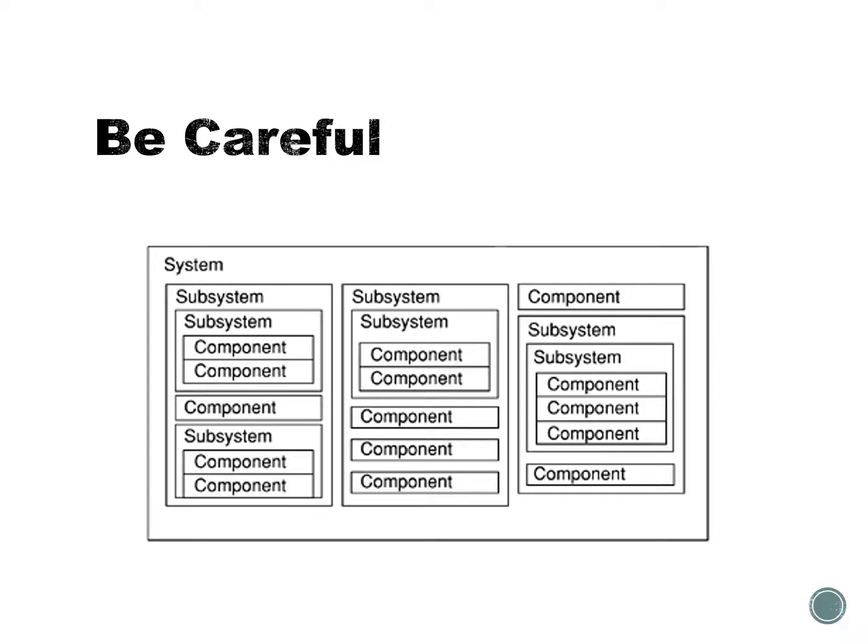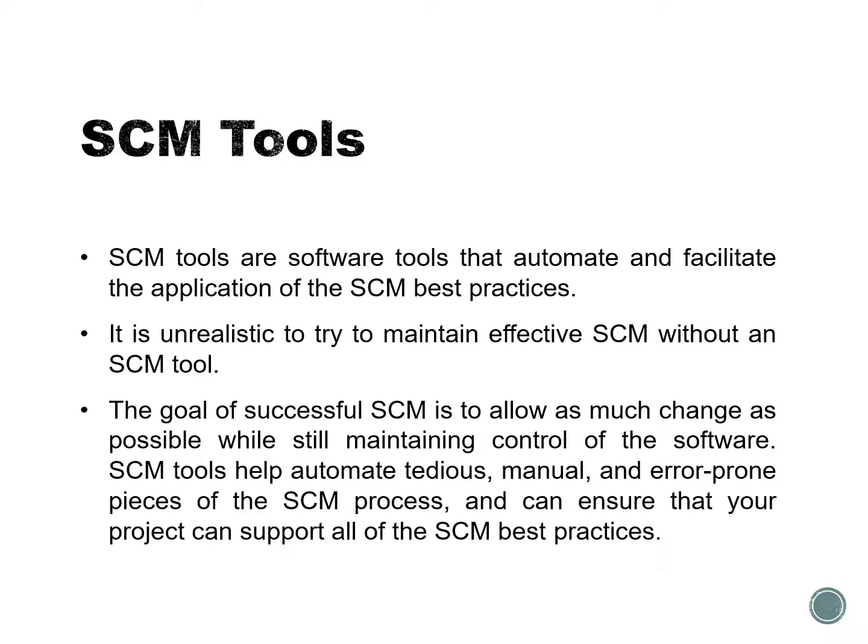So of course we also should consider that we might want to always manage them partially, because otherwise it will just descend into chaos. So basically, we also have some tools to help with this work. They usually automate and facilitate the application of the best practices. And realistically, if you are trying to run configuration management out of a group shared Dropbox folder or something like that, you are already a complete maniac and should probably seek help.